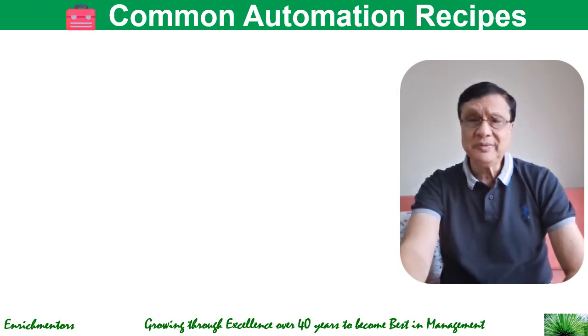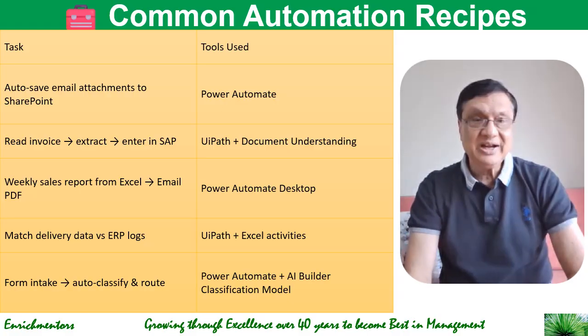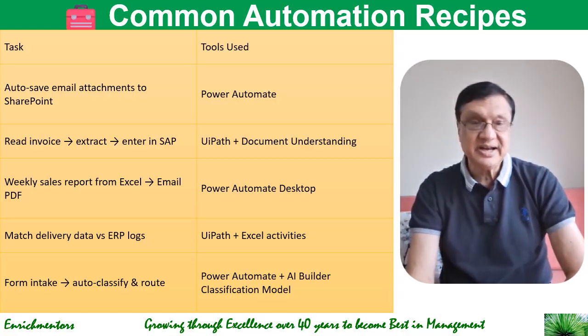What are the common automation recipes? You could auto-save email attachments to SharePoint using Power Automate. You could read invoices, extract data, and enter it in SAP using UiPath plus Document Understanding. And you could send a weekly sales report from Excel through an email or PDF using Power Automate.